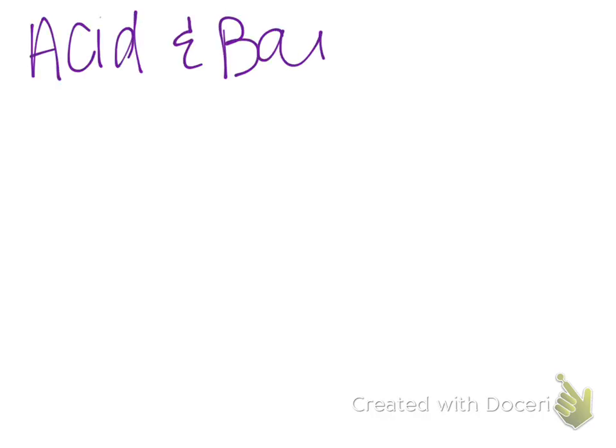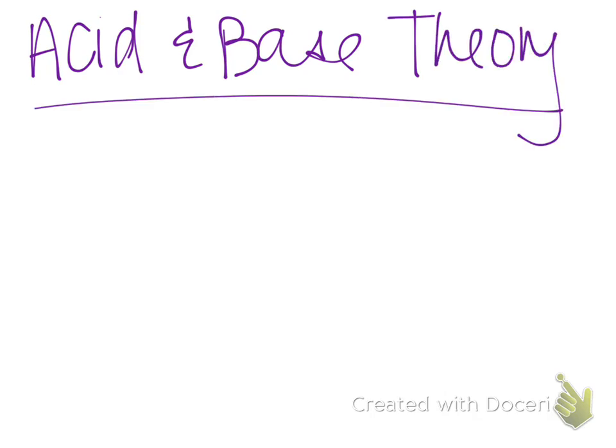We're going to talk lastly about acid and base theory. What this means is that we're going to look a little bit more closely into how we classify things as acids or bases. There are 2 main theories for classifying an acid and a base.